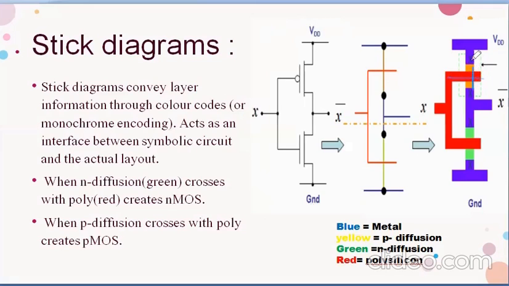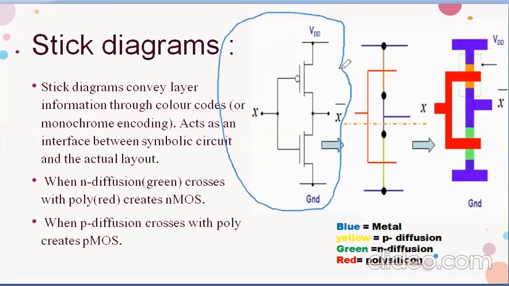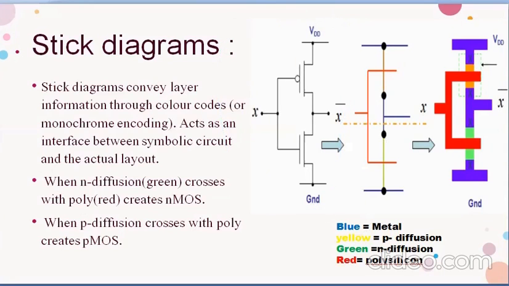This is my P diffusion. This is my N diffusion. And this is my polysilicon. So at this intersection, we get one NMOS, and here I get the PMOS. So in this way, we represent our NOT gate using different color codes.